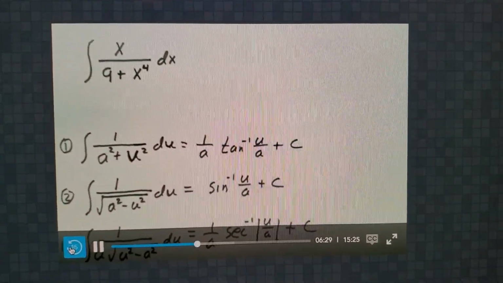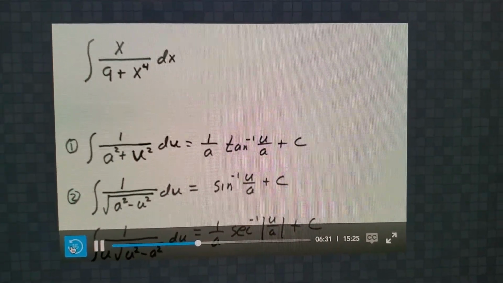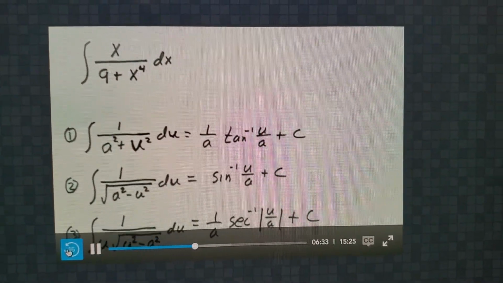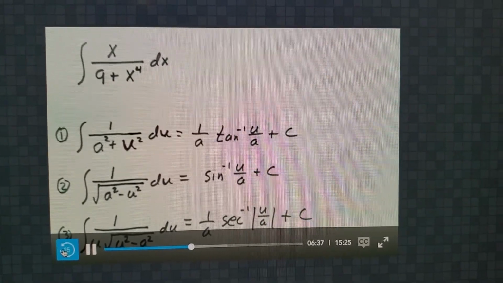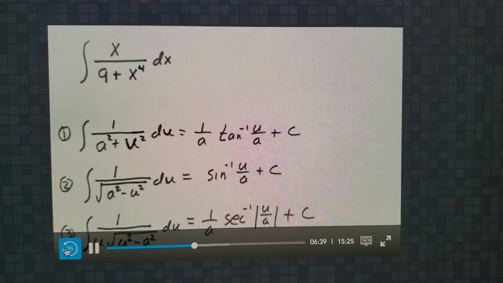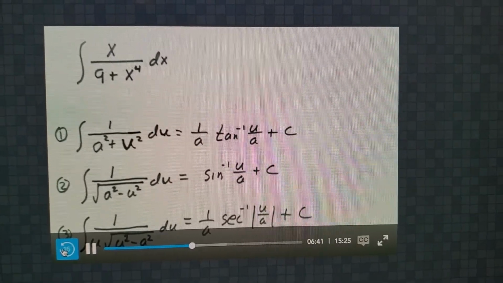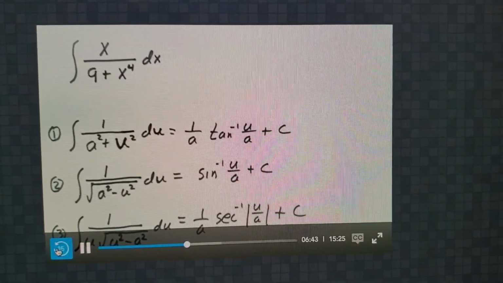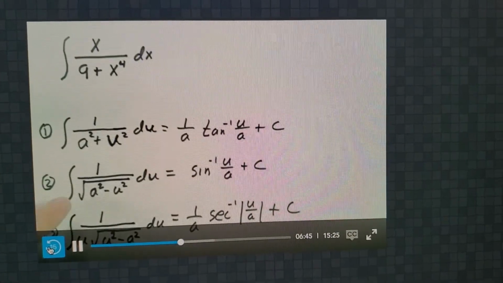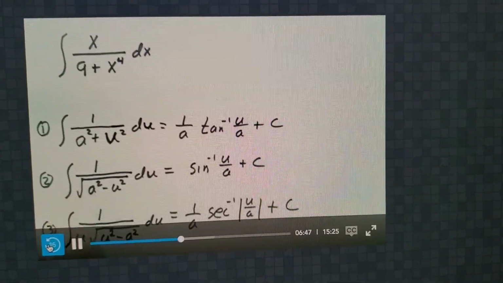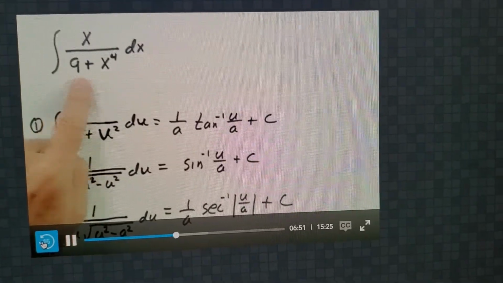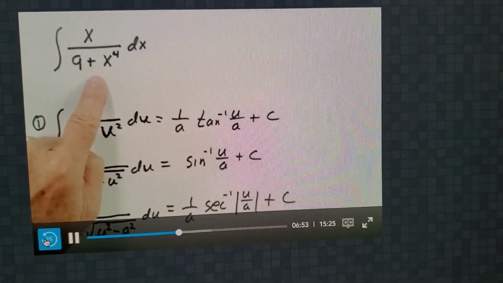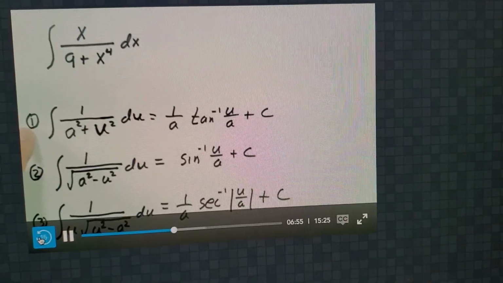The big question is, does that problem fit Formula 1, Formula 2, or Formula 3? And it's not a hard answer because Formula 2 and Formula 3 have these square roots in them. Formula 1 doesn't. I don't see any square root up here. This must be a type 1 problem.